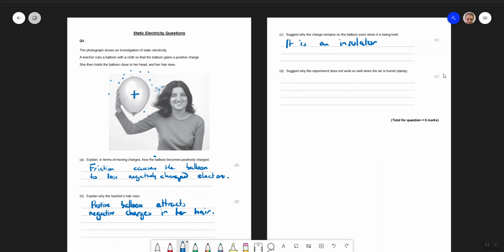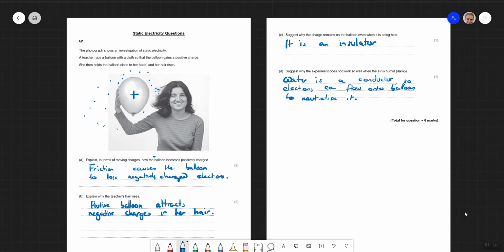It's only 1 mark, so it's asking for a very simplistic answer: water is a conductor, so electrons can flow onto the balloon to neutralize it. This always happens when it's humid. There's loads of water, and that will dampen it down. So there we go. That's one example.